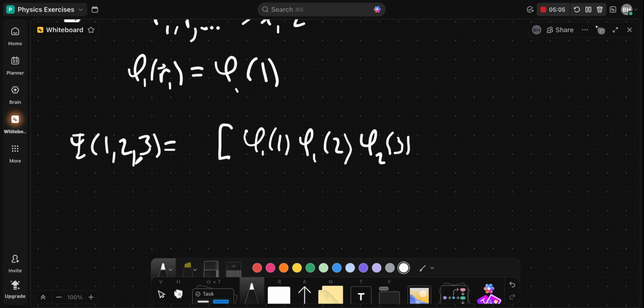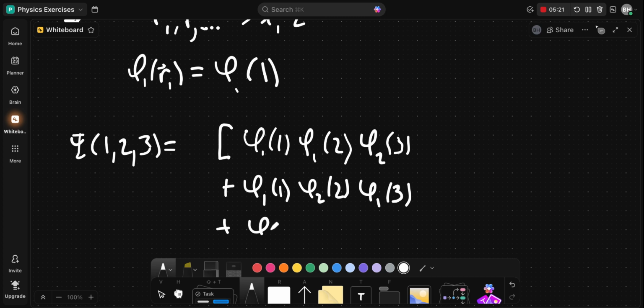But what you can do is symmetrize it by adding the following terms: phi 1 of 1, phi 2 of 2, phi 1 of 3. And the third term, sorry, that's a mistake, that should have been a 2: phi 2 of 1, phi 1 of 2, and phi 1 of 3.